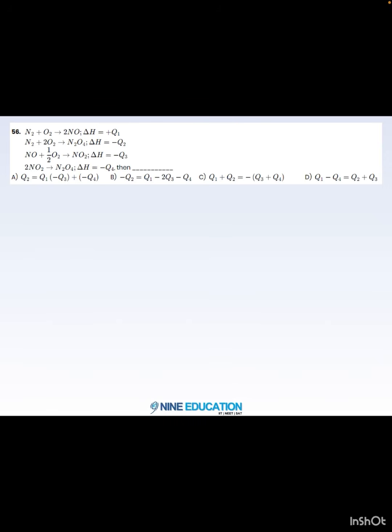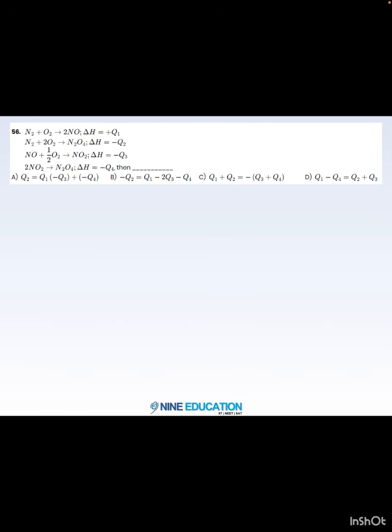So we are having 4 reactions, and for all these the delta H of the reaction is given. And anytime we get this kind of question, you will see that one of these equations could be written by considering the other equations.